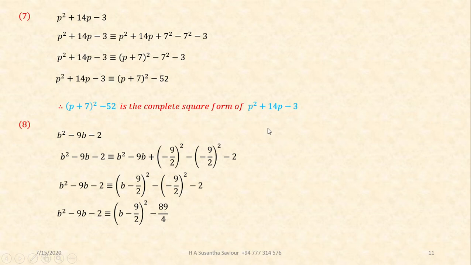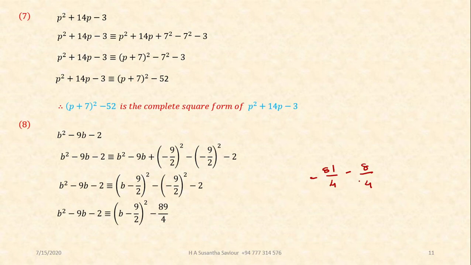Now I will explain this 89 over 4 back again, and those who are finding it silly, please excuse me, bear with me for this. 81 over 4 minus, and this one will be minus 2, so minus 2 could be written as minus 8 over 4.